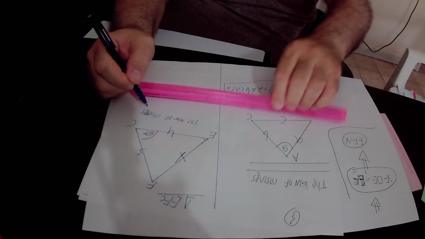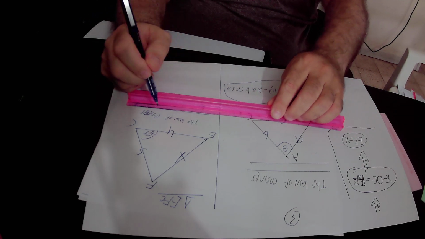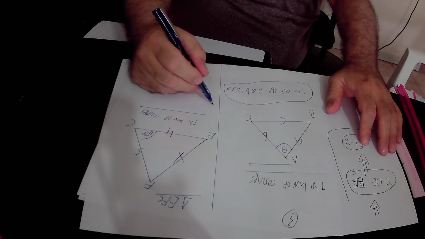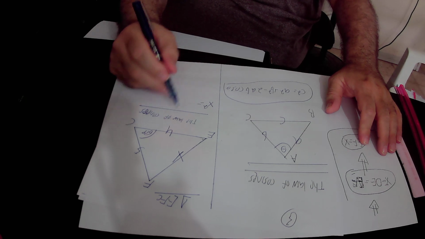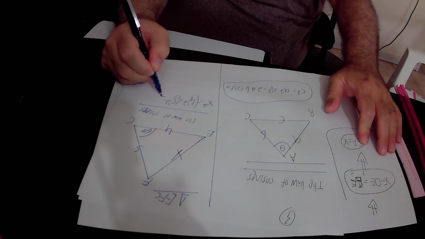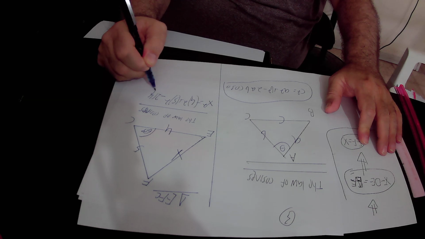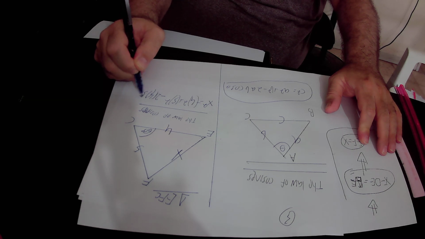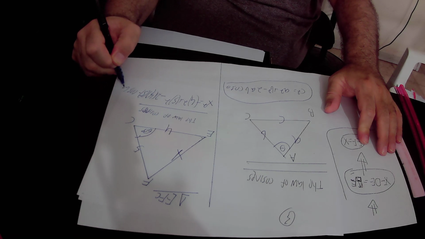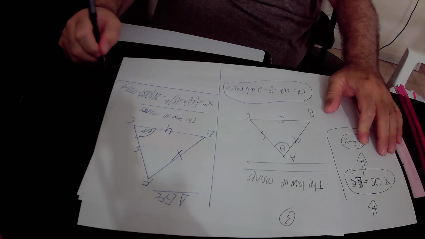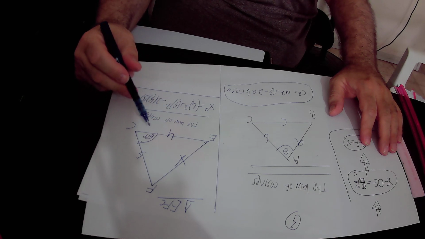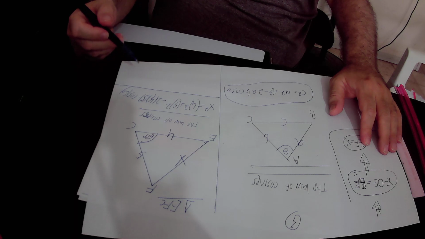If we implement the law of cosines in triangle EFC, we get that x squared equals 4 squared plus 5 squared minus 2 times 4 times 5 times cosine 60 degrees. Okay, this equation is the implementation of the law of cosines in this triangle EFC.